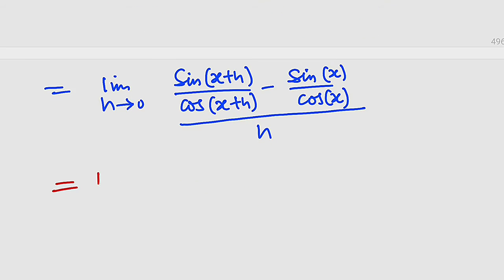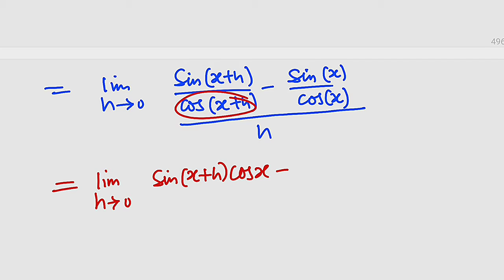So this is equal to the limit as h approaches 0 of, to simplify this, we can take this and multiply by this, right? So it will be sine of x plus h multiplied by cosine of x, then minus, we take this, we multiply by this.